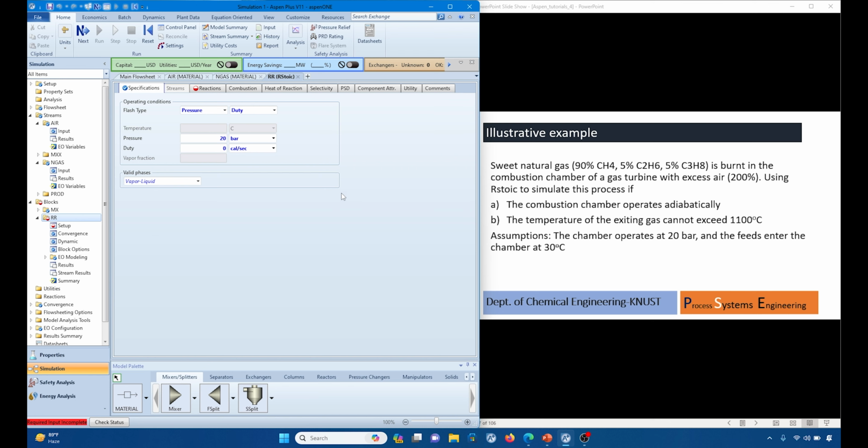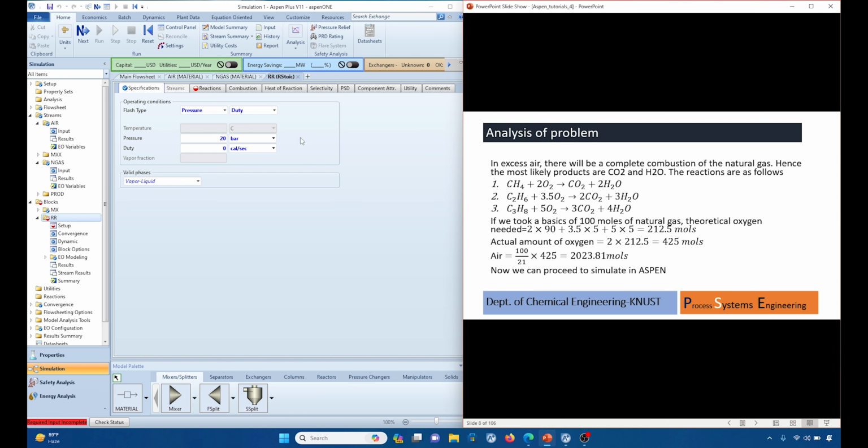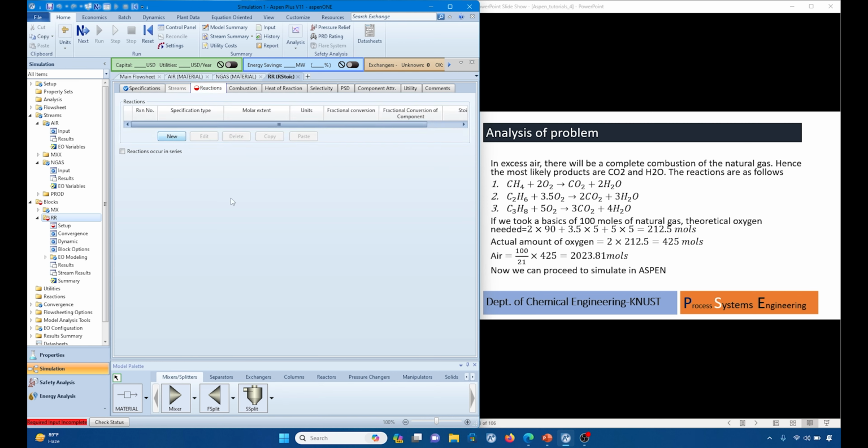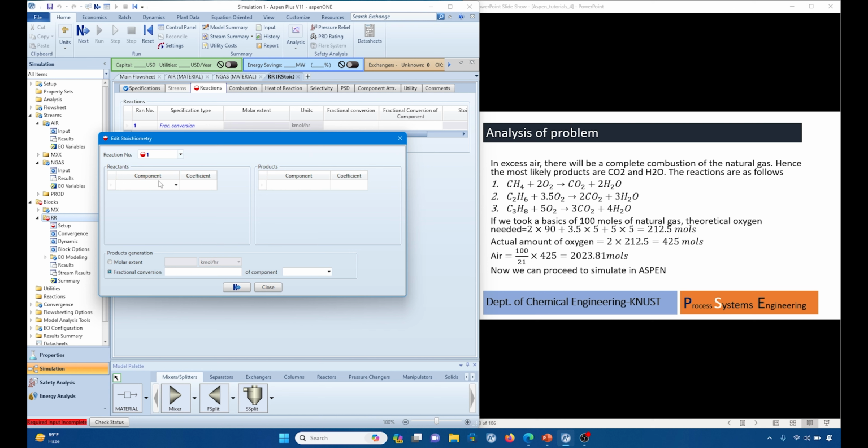The next thing will be to input our reactions. Come to the reactions tab, a new reaction. Select our component for reaction 1.